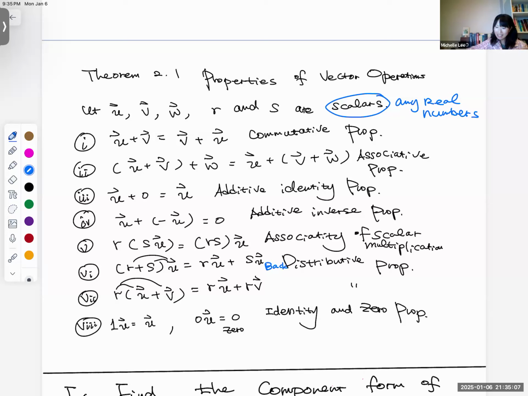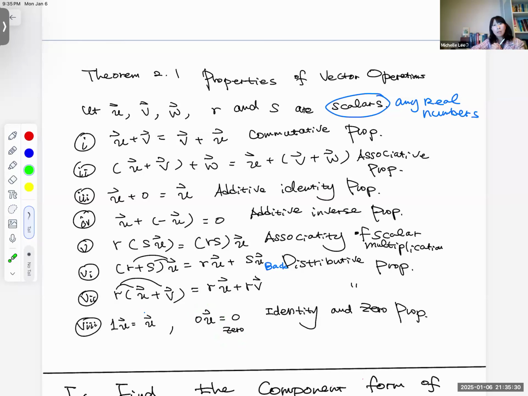And then we have the identity and 0: the identity with multiplication for this one, and multiplying by 0 we get 0.